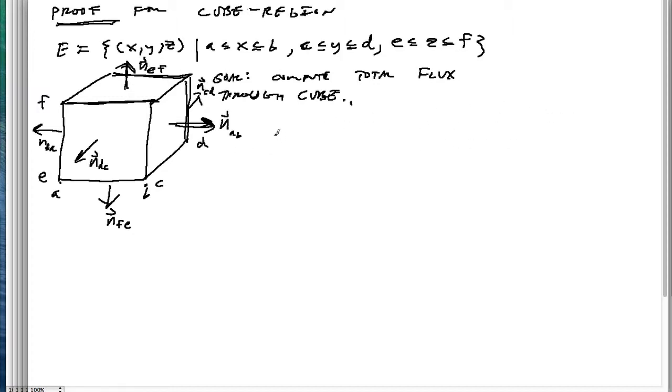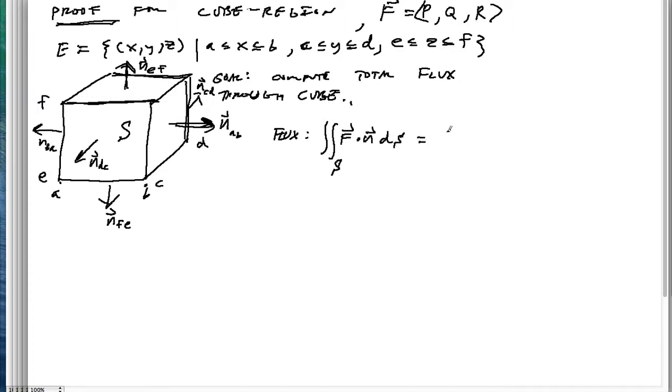So we know that the flux is the flux over our surface, and our surface is just every side of this box, for some vector field. So we write F is equal to P, Q, and R, our usual convention, dotted with our normal dS.